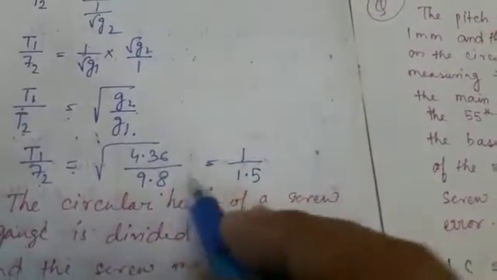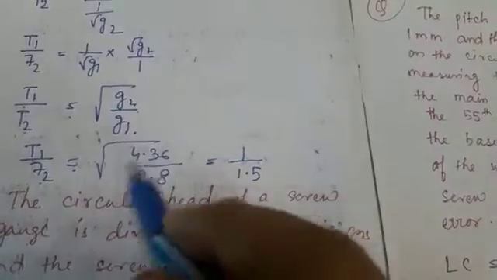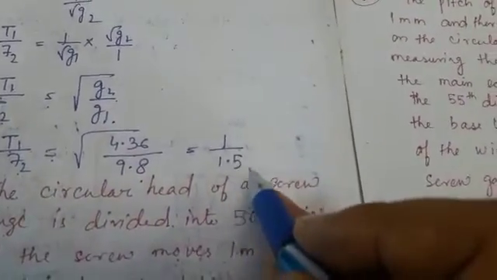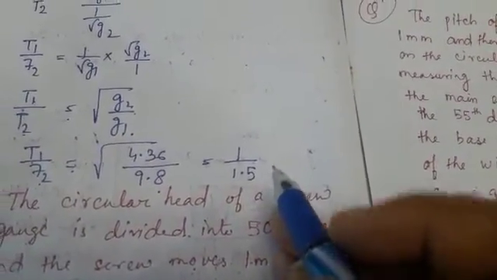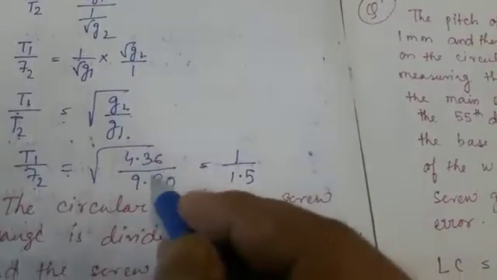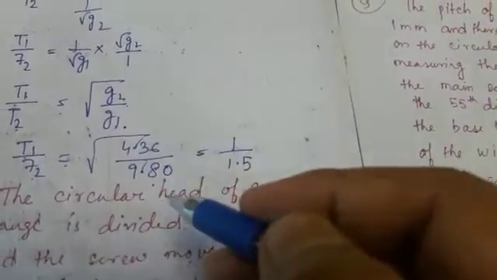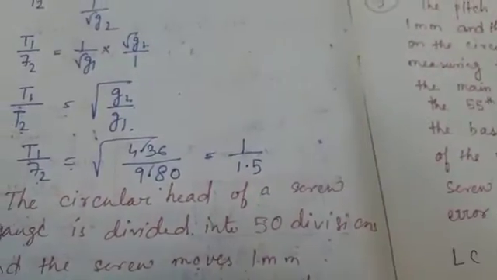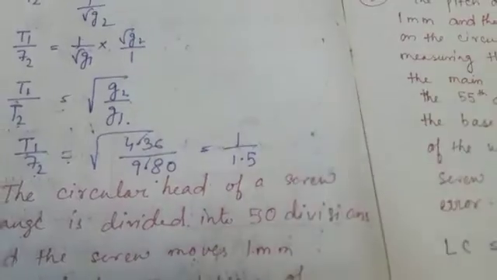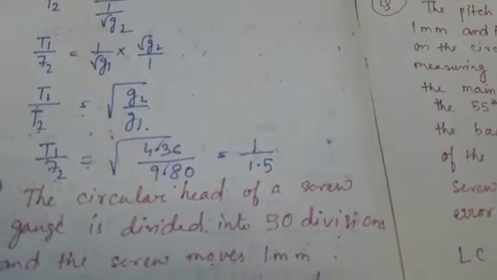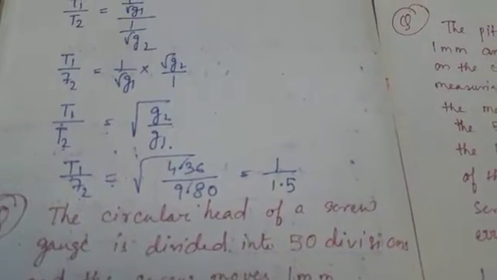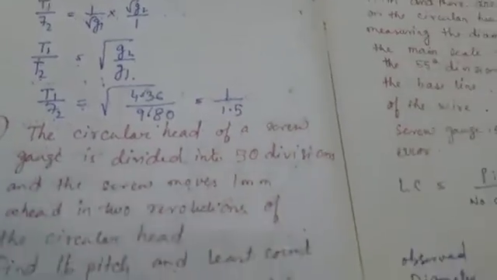So you solve this, after calculation you will get 1 by 1.5 as the answer. Now you multiply by 10 to get rid of the decimal points and simply cancel, and after taking the root, you will get your required answer, that is 1 by 1.5. So this is the ratio of time period T1 by T2.